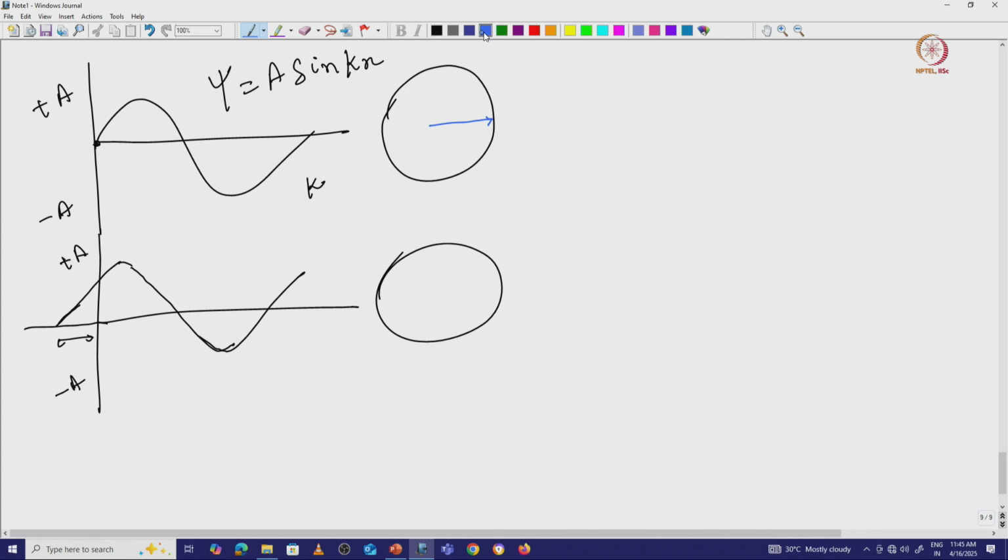What is the phase difference here? If we consider that phase difference, we will write it like A sin(kx + pi/3), and we want to represent these things in this diagram.